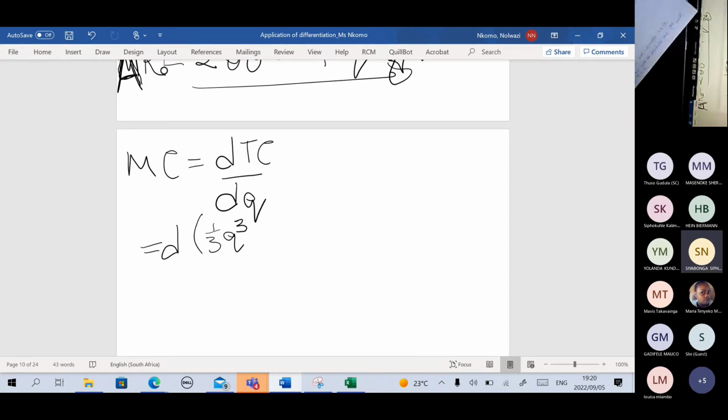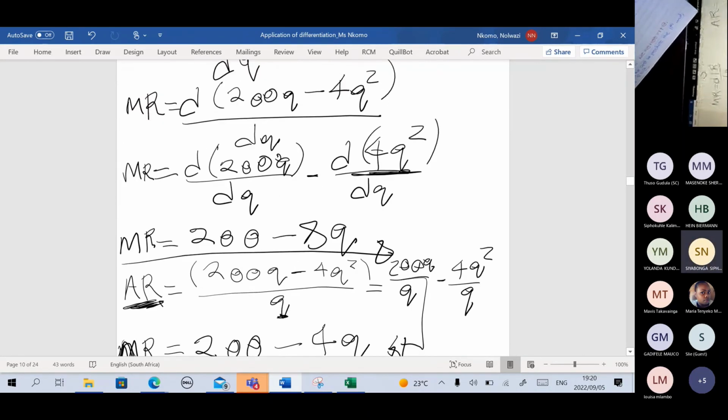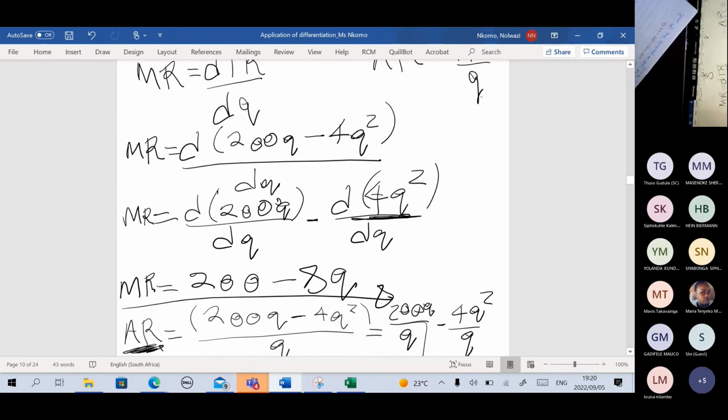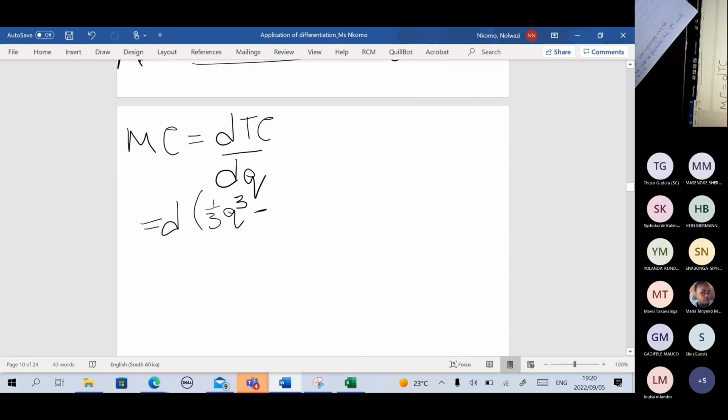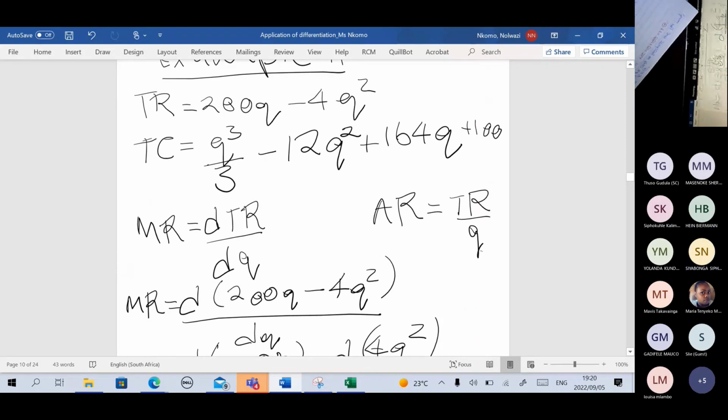It's Q cubed divided by 3 minus 12Q squared plus 164Q plus 100.